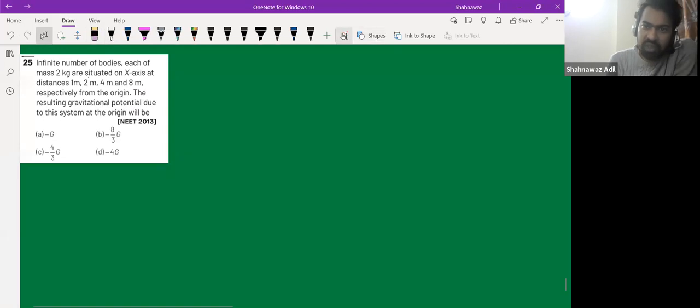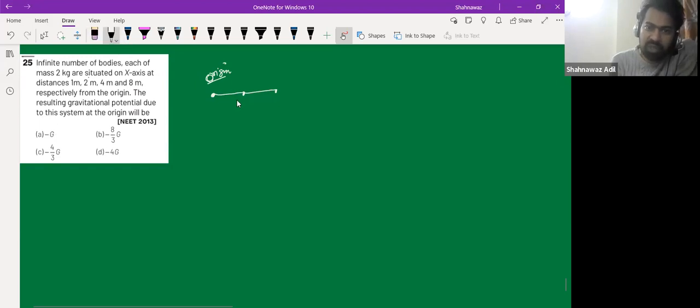What do we have in here? So this is, let's say, the origin, and at a distance 1 meter you have one mass m of 2 kg. Then at distance 2 meters, again 2 kg.